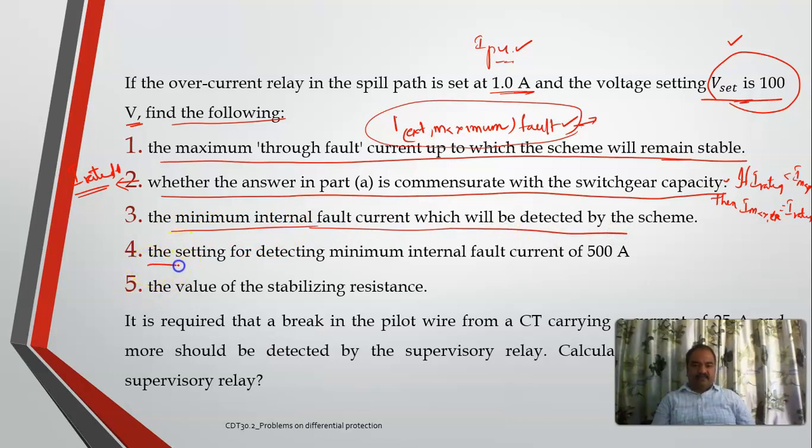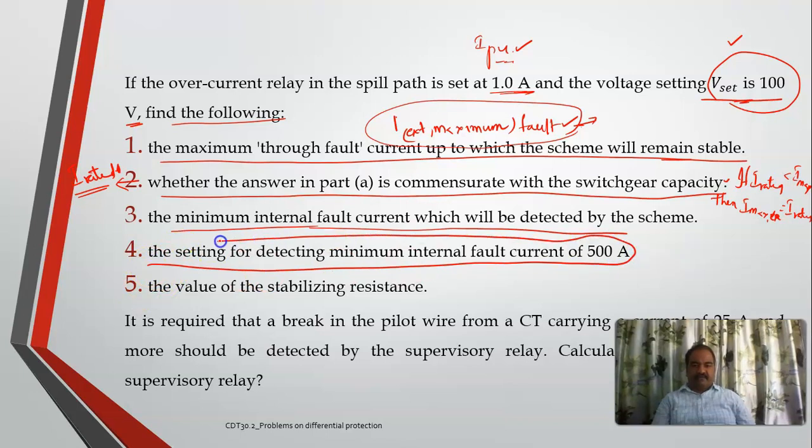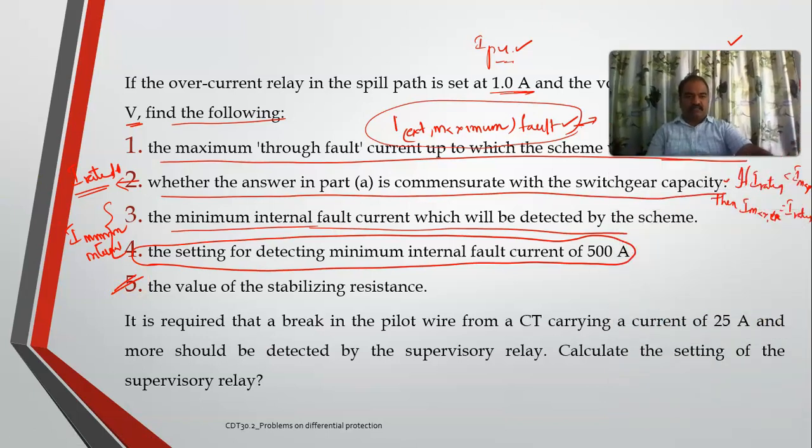If they are not satisfied, what they are asking us to adjust to this value, the setting for detecting minimum internal fault current. This is with regard to I minimum internal fault current. And finally, when you know these two, you can calculate stabilizing resistance and stability ratio. And see, it seems they are asking one more question here.